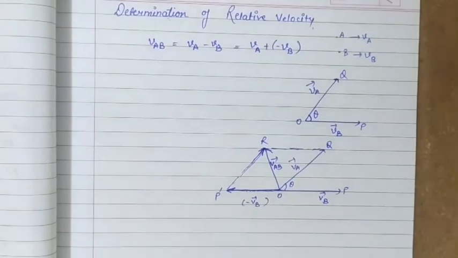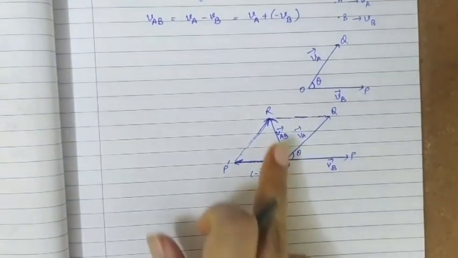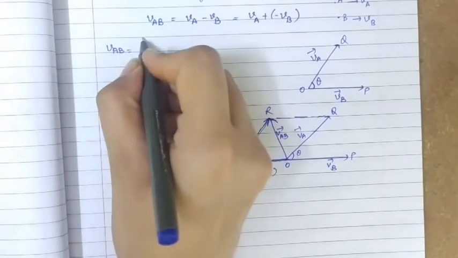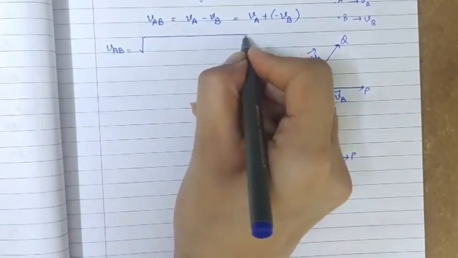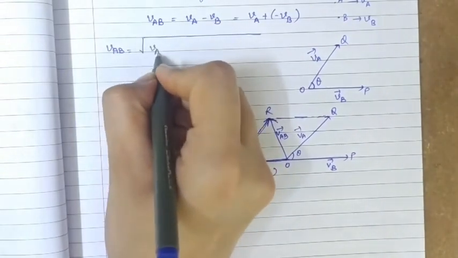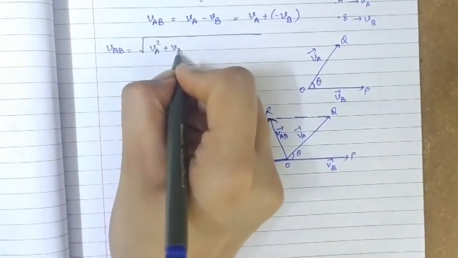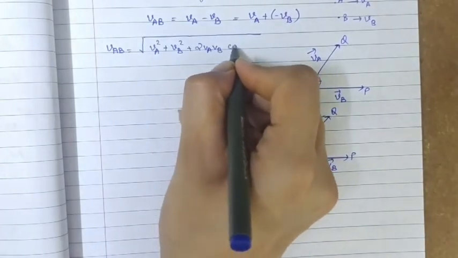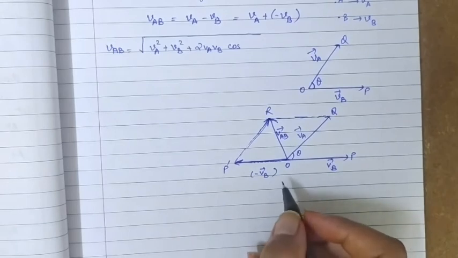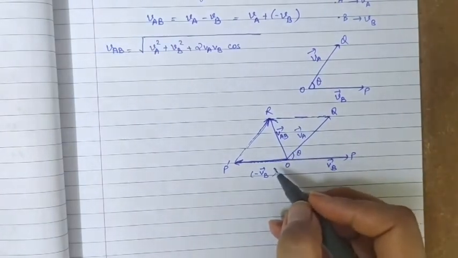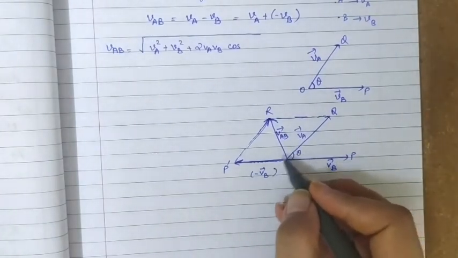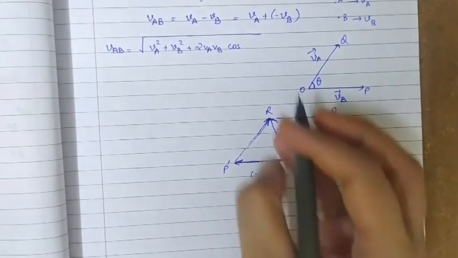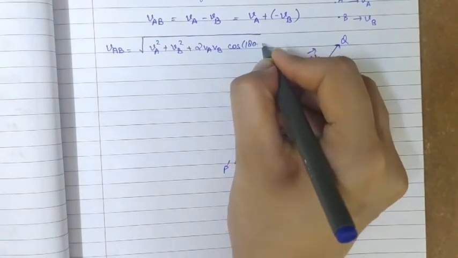Now by using the laws of vector addition, we can find the magnitude of VAB. So the magnitude of VAB is under root VA square plus VB square plus 2VA VB cos of the angle between these two vectors. POQ is theta, then the remaining angle is 180 minus theta.